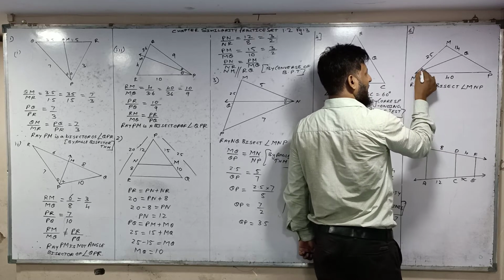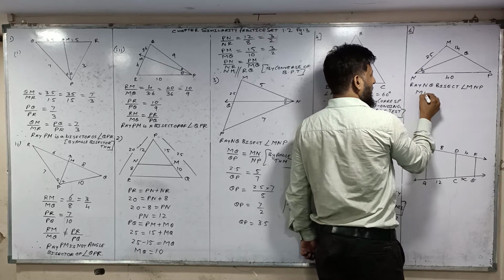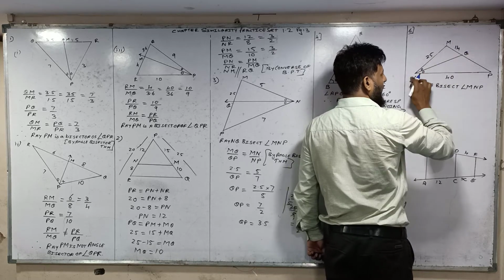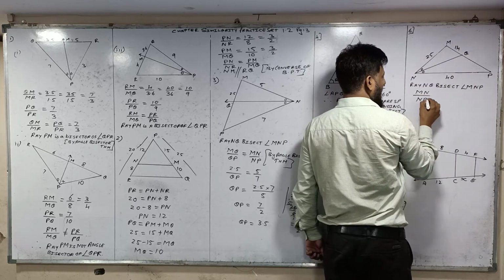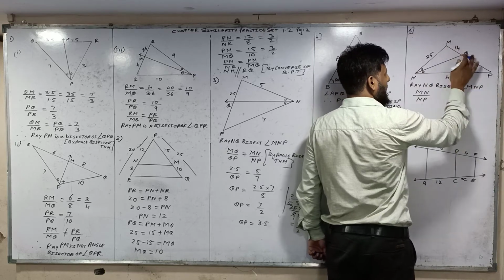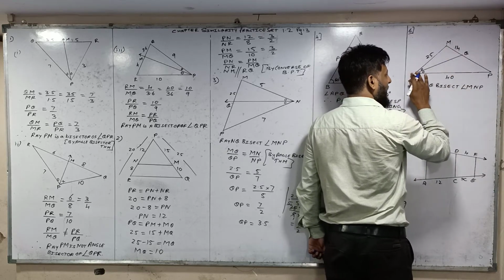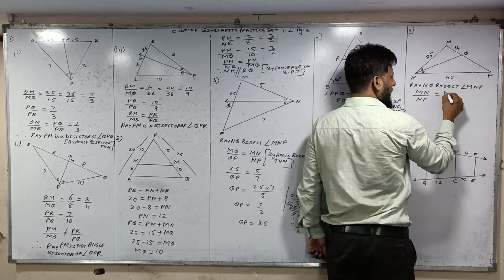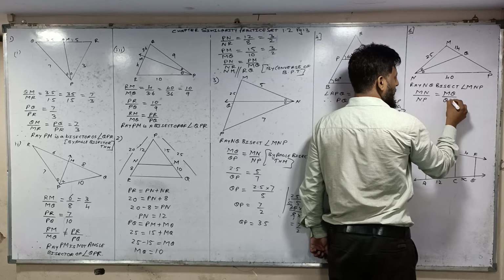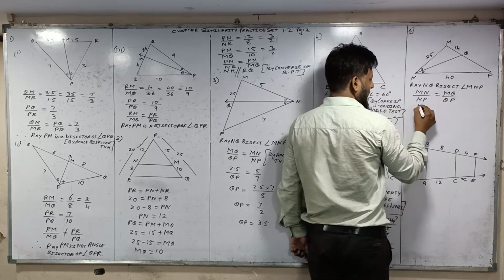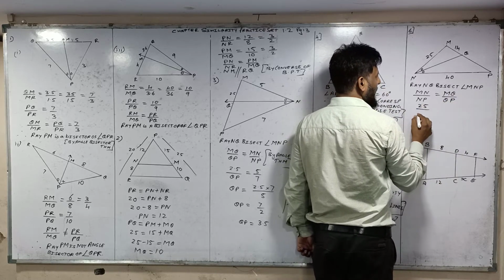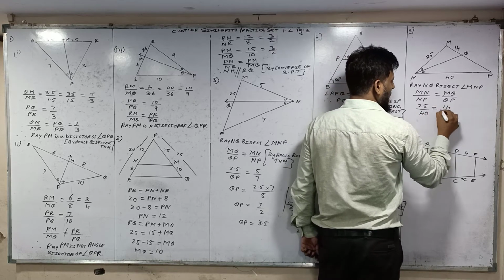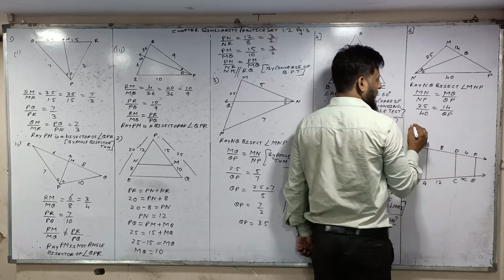Now we can write it like this: first these two sides, then the bisected sides. MN upon NP is equal to MQ upon QP. Now MN is 25, NP is 40, MQ is 14, and QP we have to find out.